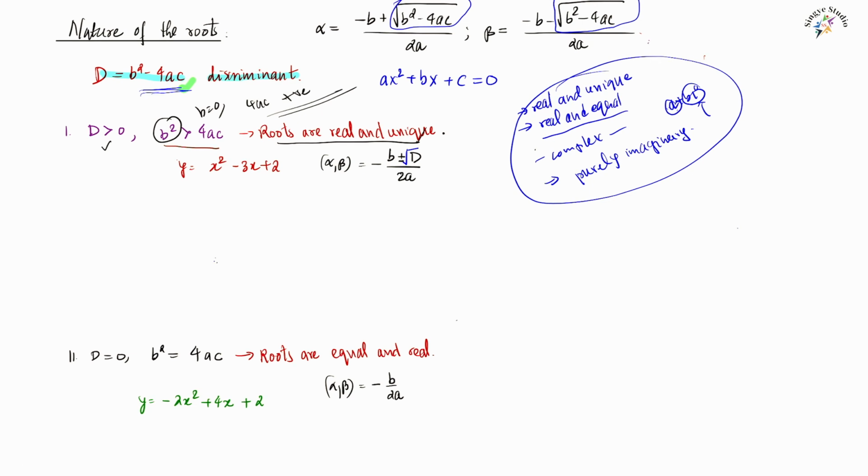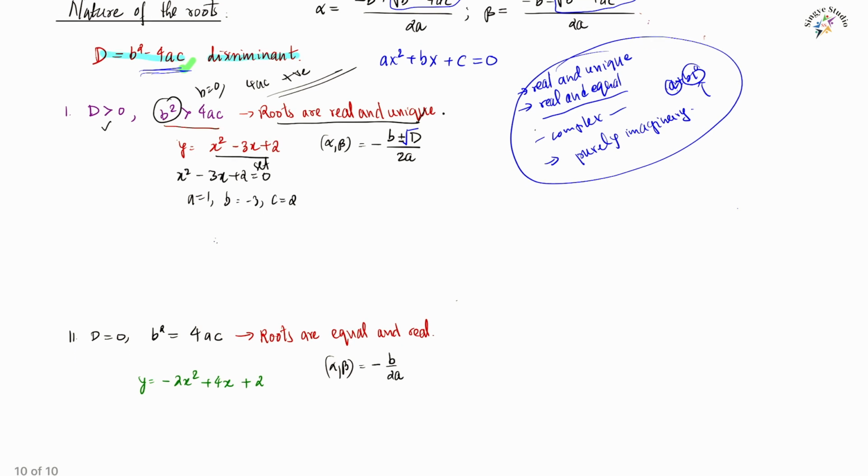Here to find the roots, we have to set this to 0, right? So we'll get x squared minus 3x plus 2 equals 0. And here a equals 1, b equals negative 3, and c equals 2. Therefore, finding the roots alpha, beta, we get negative of negative 3 plus or minus the square root of negative 3 whole squared minus 4 times 1 times 2, divided by 2.